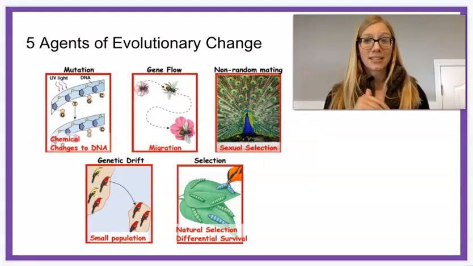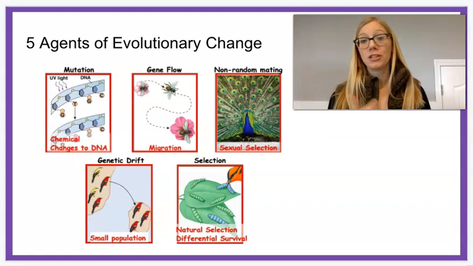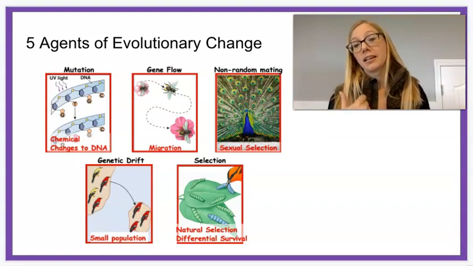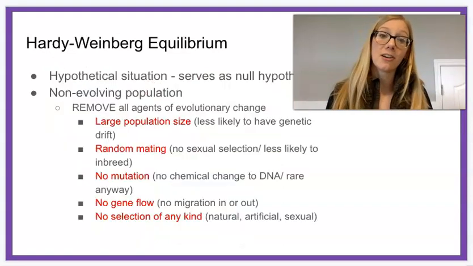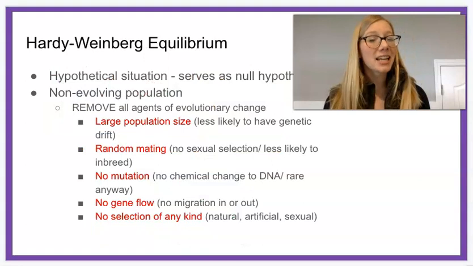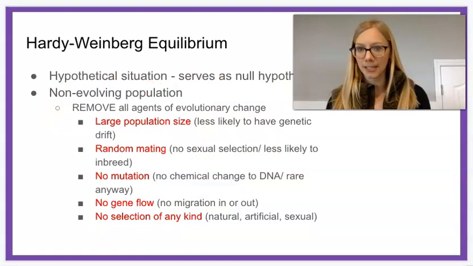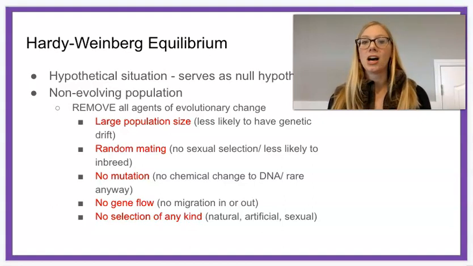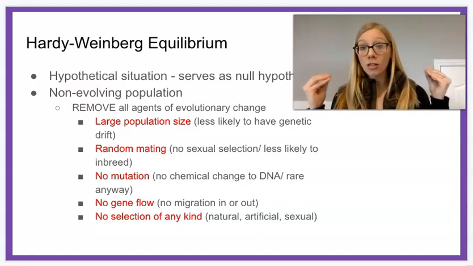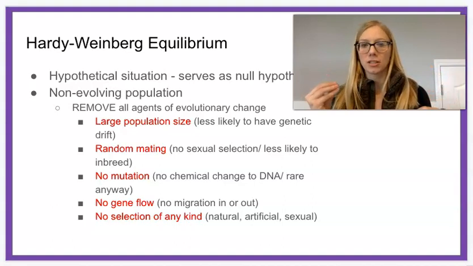Well, we just talked about things that cause change, right? Mutation, gene flow, non-random mating, small population size, genetic drift, and selection all cause changes. So when we look at Hardy-Weinberg equilibrium, it's kind of like our null hypothesis. It serves as an example of if a population is not evolving. So we have to remove all of those agents of change that we just talked about.